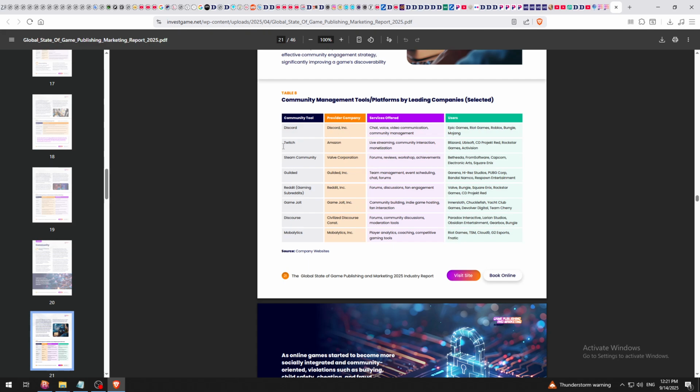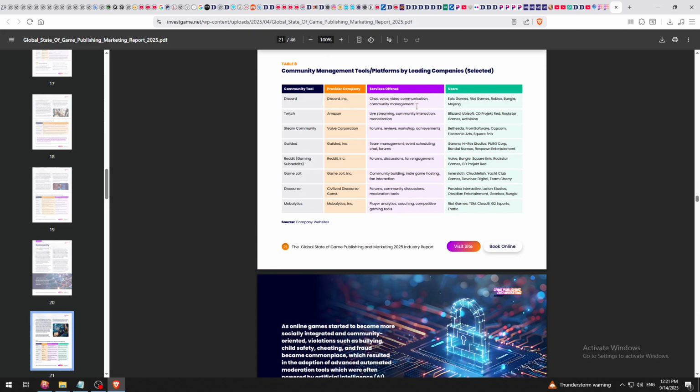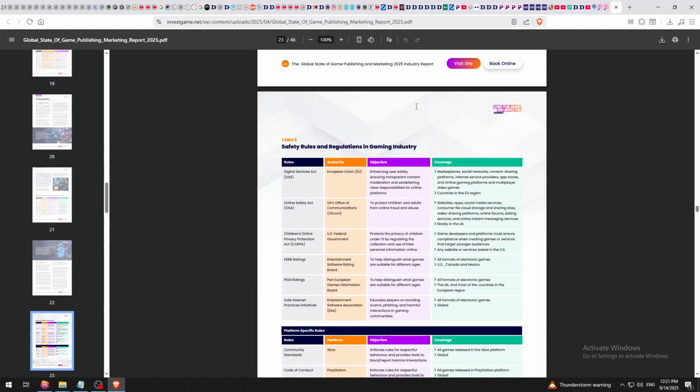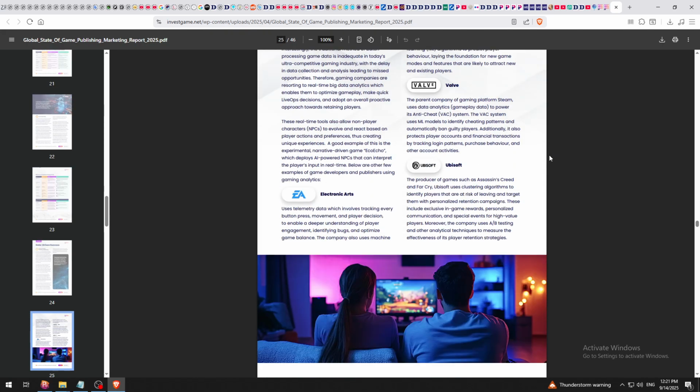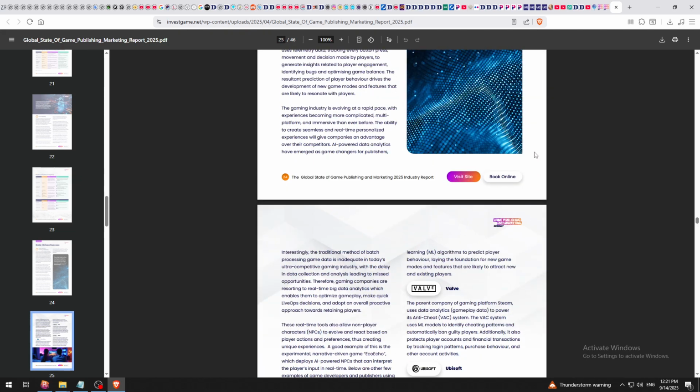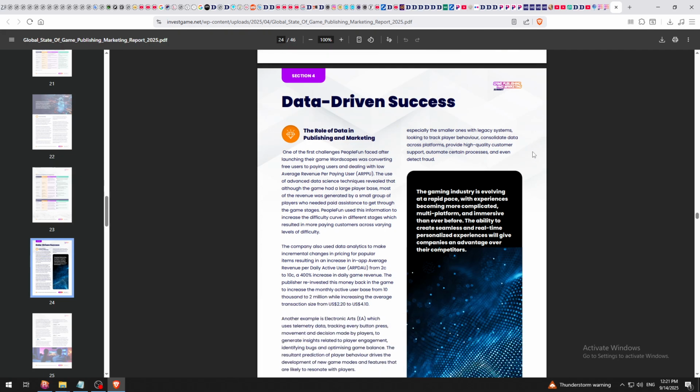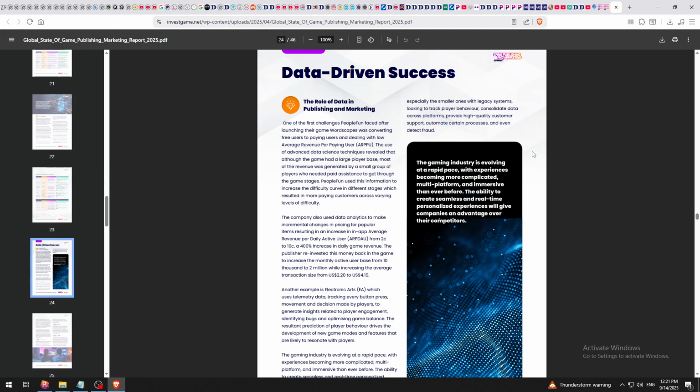This one is also interesting, like for example, what kind of community management tools are used by leading companies like Twitch, Discord, Reddit, and stuff like that. Data-driven success, yeah, that's more what I was talking about a few seconds ago, about microtransactions, and how big companies nowadays are making games based on data which they pull when you play the games already owned by them.